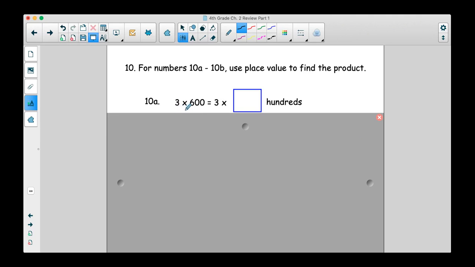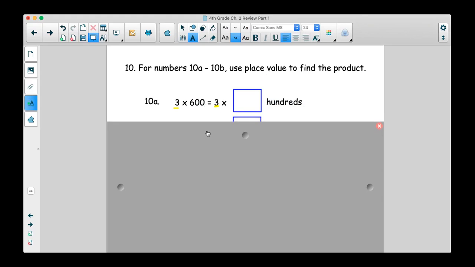So 3 times 600 is the same as 3 times blank hundreds. Okay, well, I can see that the 3 is the same on one side and the other. And then I see that we have a times 600 and then just the words 100.